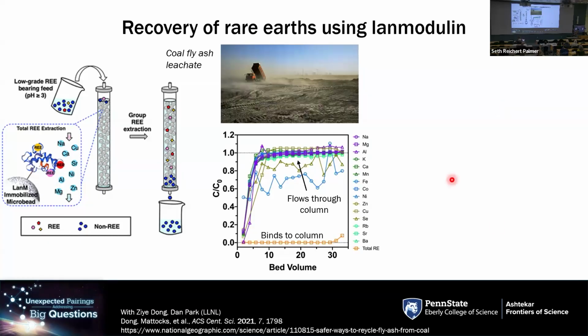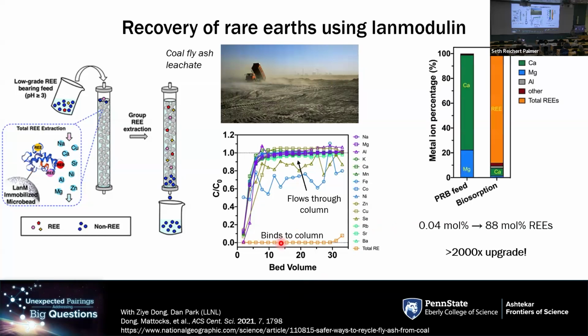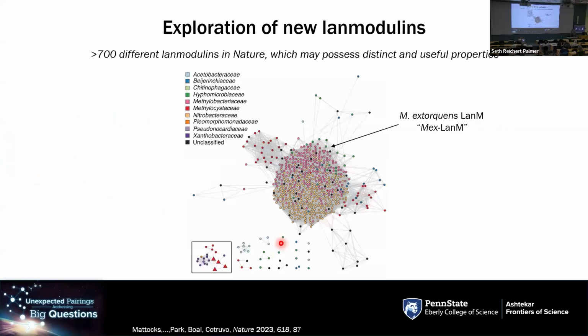And then everything that's a rare earth, up to a certain point when the column gets saturated, binds. And it turns out we start with about 0.04% of the material in this solution being a rare earth. And just by passing it through the column once, we increased the purity of that solution to almost 90%. So about a 2,000-fold upgrade in purity by doing this.